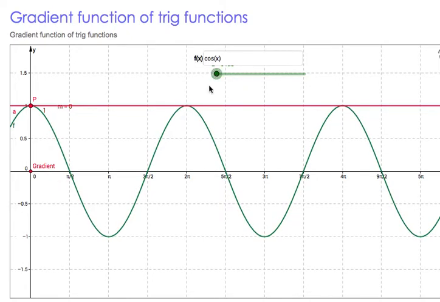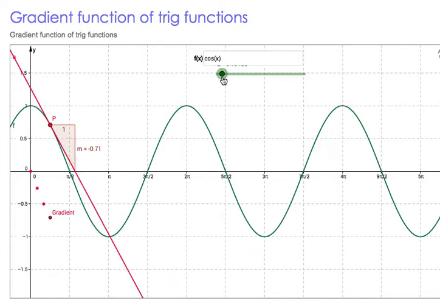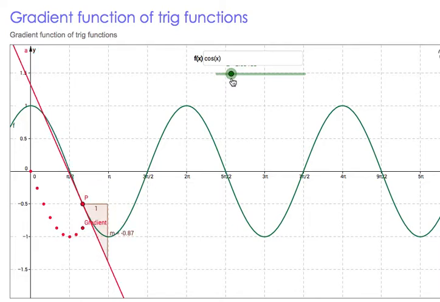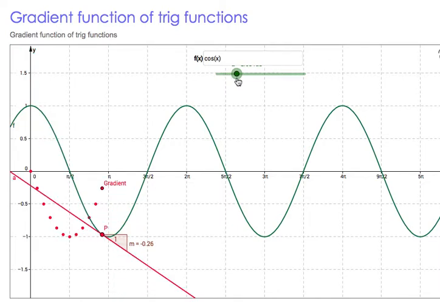Right now it's 0, so my gradient is starting down here. As I go down this way, this line will become negatively pointing, so the slope would become negative. Right at pi over 2, it starts to become less negative, less negative, less negative.